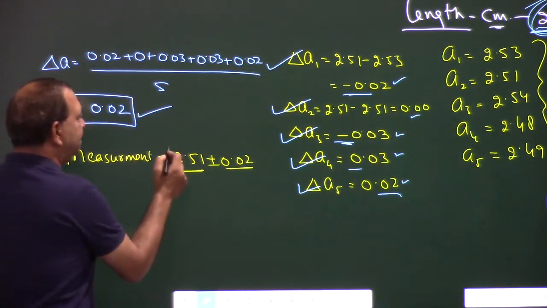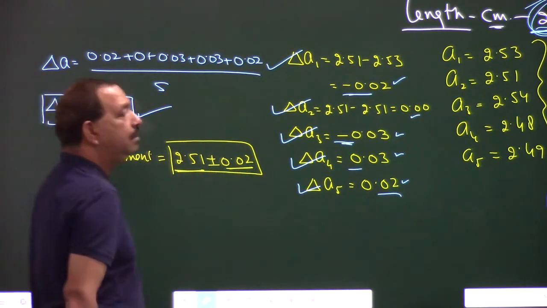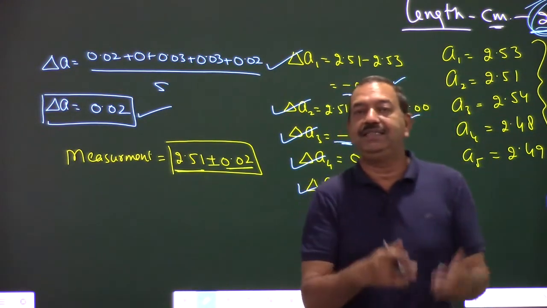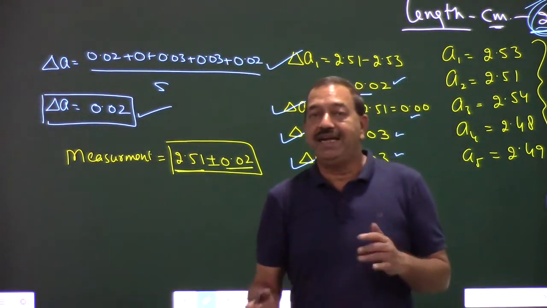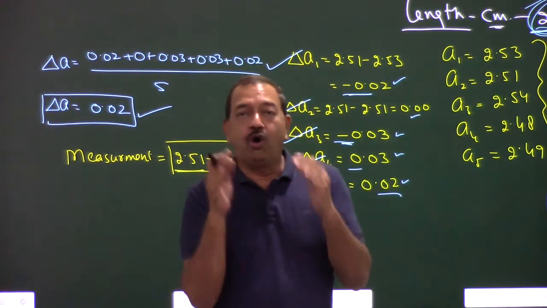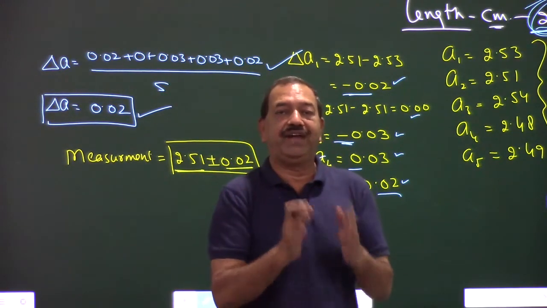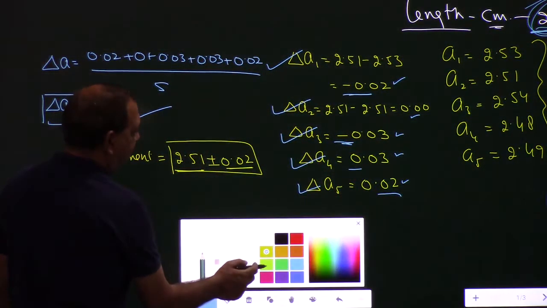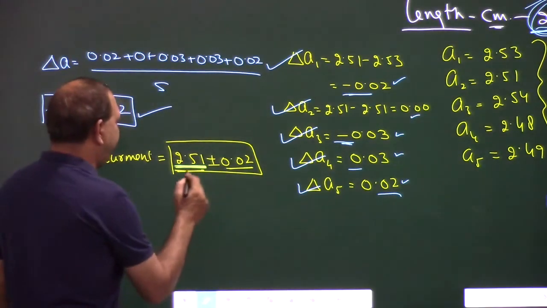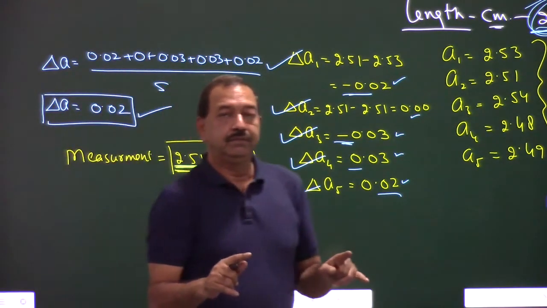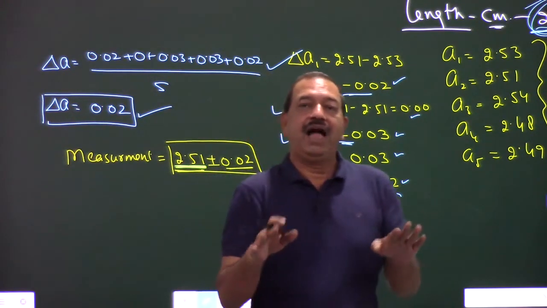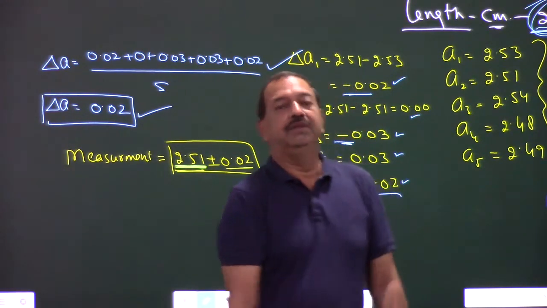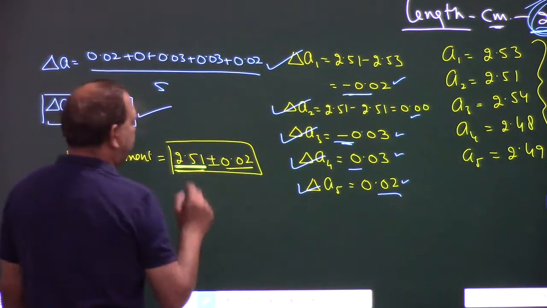So what is the scientist saying just by writing this? When scientific measurements are written like this, the scientist is saying that for all purposes I have taken the value as 2.51, but I may be wrong here. How much wrong? That is plus minus 0.02.